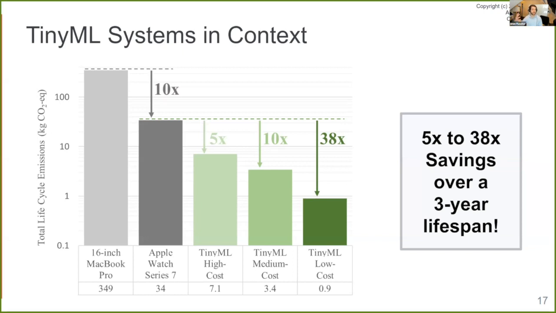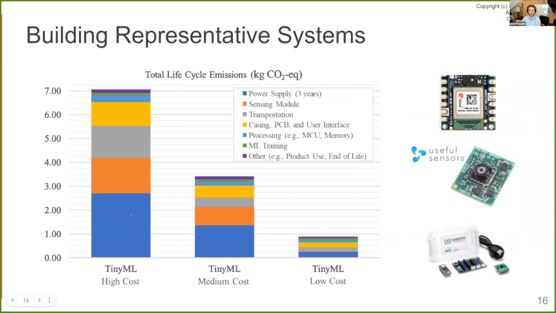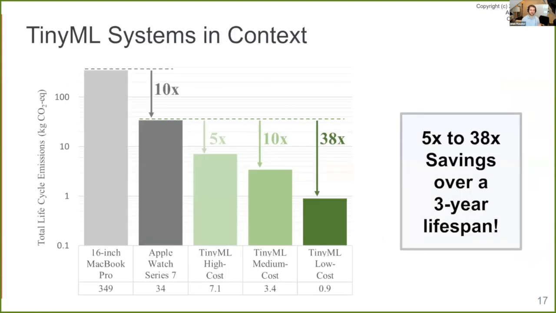So TinyML systems, even in our worst case estimate, are pretty good, and our best case estimate is really good. And we can find ways to improve this, because if you think about the chart, a lot of this cost is just transportation and casing and overall design. If we can make this run with a smaller battery or a small solar panel, or work on the casing to make it more compact, and find the right sensors to use in the right cases, or use lower cost or smaller sensors, we can bring down that cost even more, and it's already pretty low.